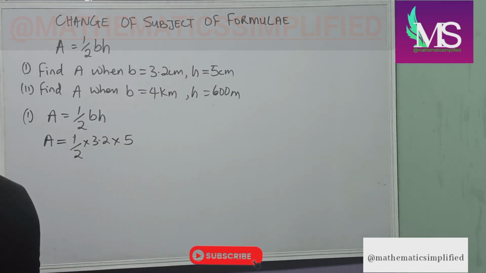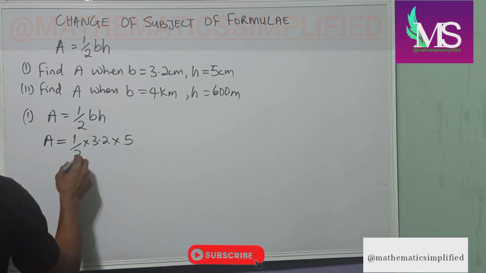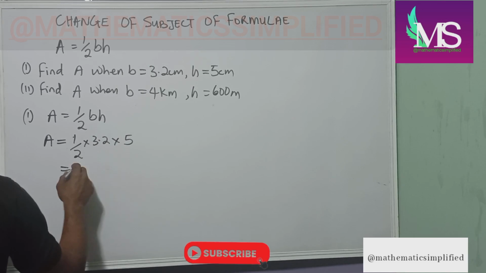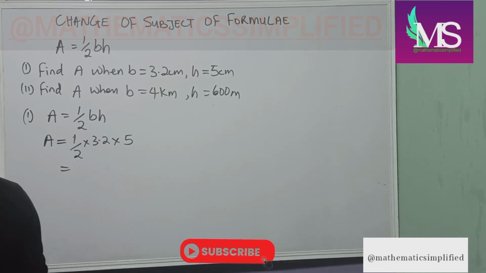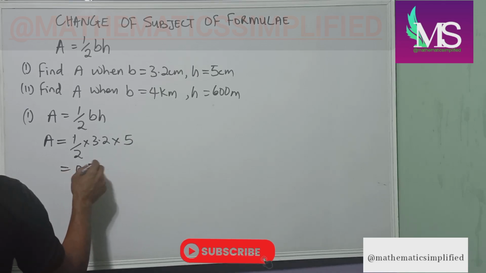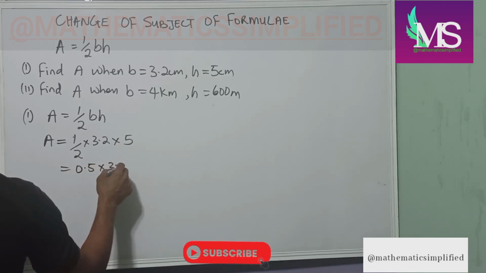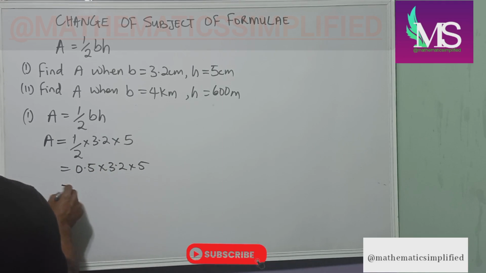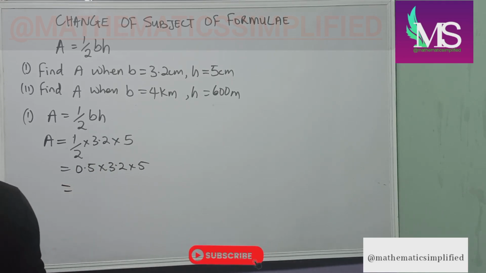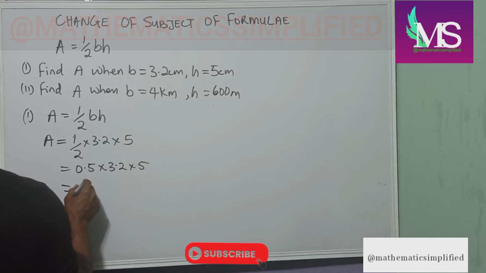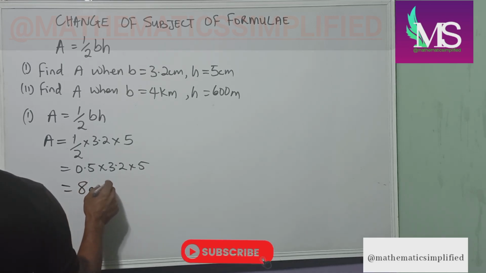So this becomes 1 over 2 times 3.2 times our height, which is 5. So 0.5, which is half, times 3.2 times 5 will give us 8 centimeter square.